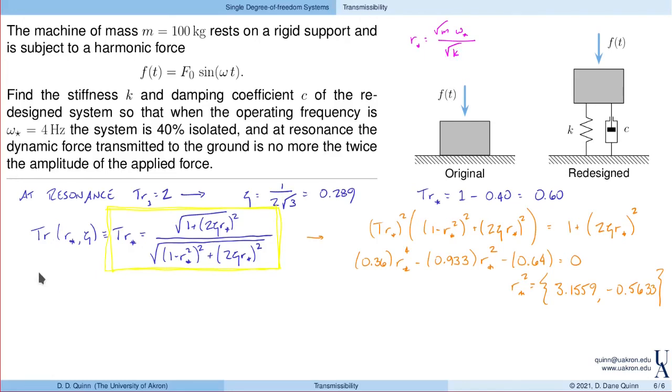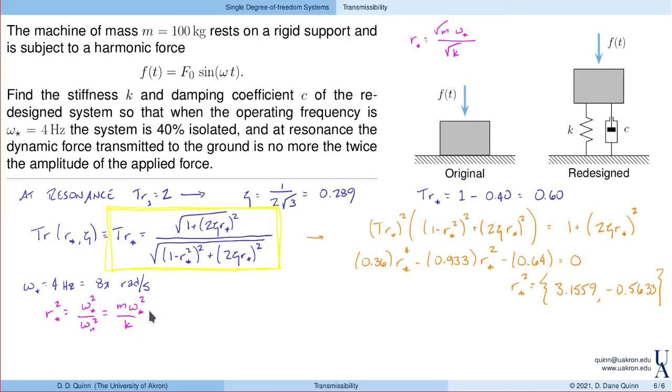Right? So finally, we can use this solution to go back and solve for the stiffness. Before I do that, notice that omega star was given in hertz. So it was 4 hertz. Well, I need that in radians per second. So 4 hertz, 2 pi radians per cycle, that's 8 pi radians per second. Finally, R star squared here, again, is omega star divided by omega n squared, or m omega star squared over k.